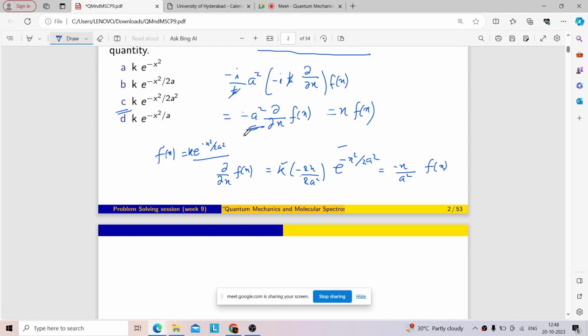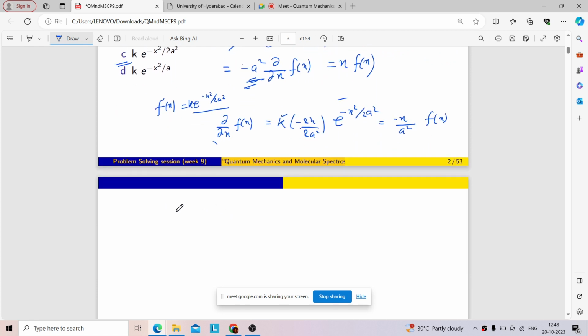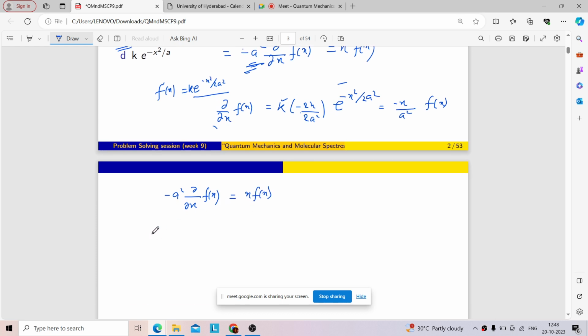Now let's write the term: minus a square del over del x f of x equals x f of x. This gives us minus a square, and this term we already got from here, minus x over a square, f of x equals x f of x.